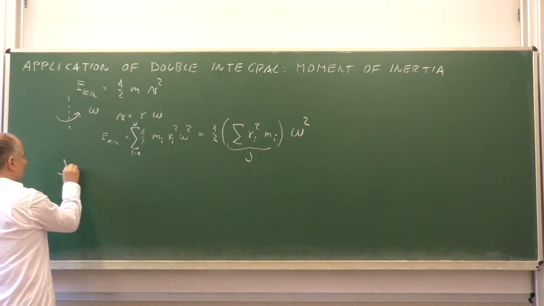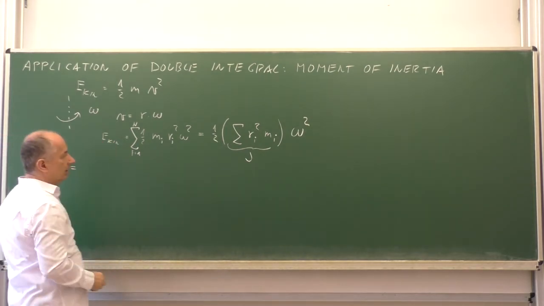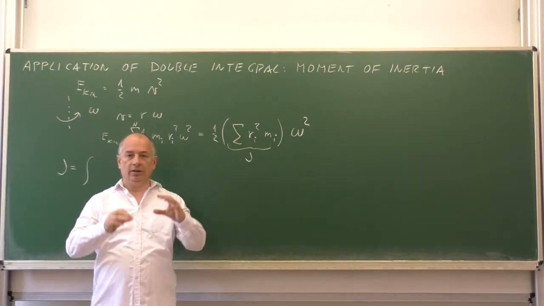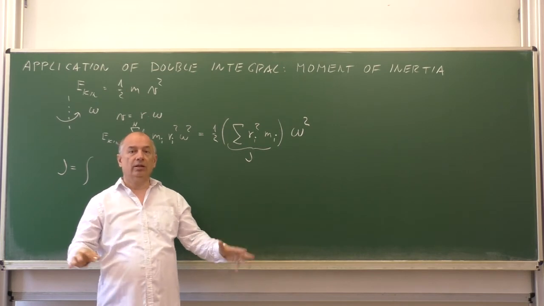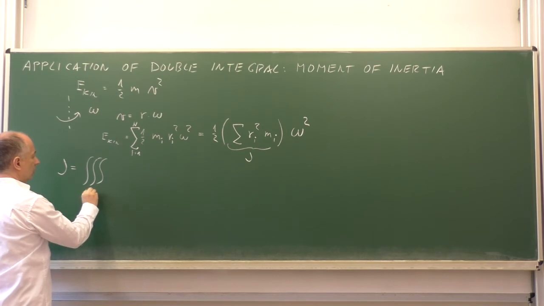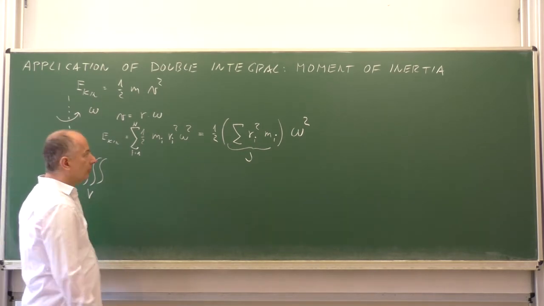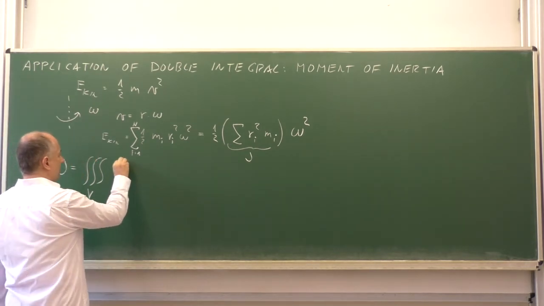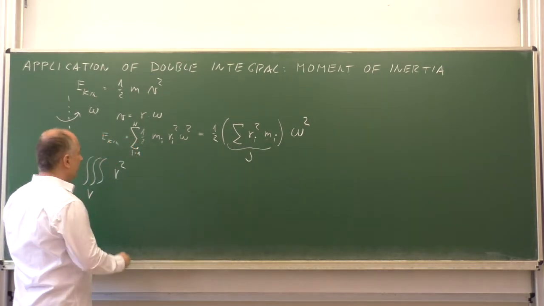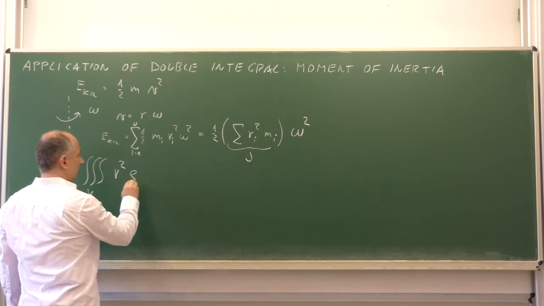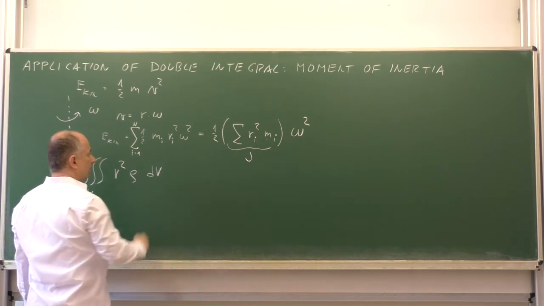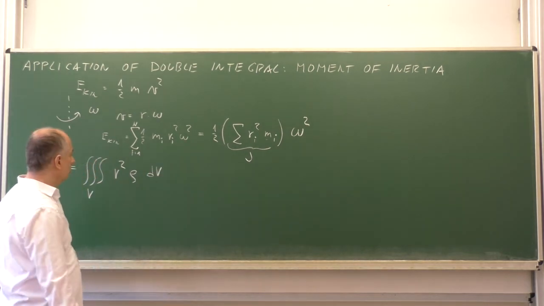So we can consider J to be the integral, and in general, if we are in a three-dimensional space, this will be a triple integral over the whole body of r squared, and m can be written as a product of the density rho times the element of the volume.